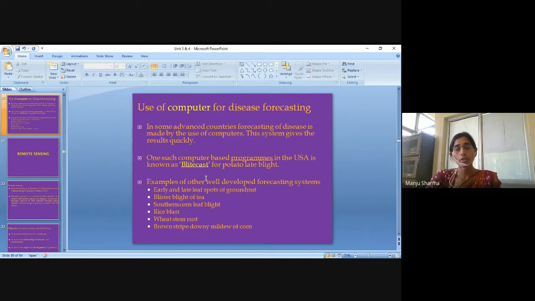One such computer-based program in the USA is known as Blightcast for potato late blight. Examples of other well-developed forecasting systems are early and late leaf spot of groundnut, blister blight of tea, southern corn leaf blight, rice blast, wheat stem rust, and brown striped downy mildew of corn.